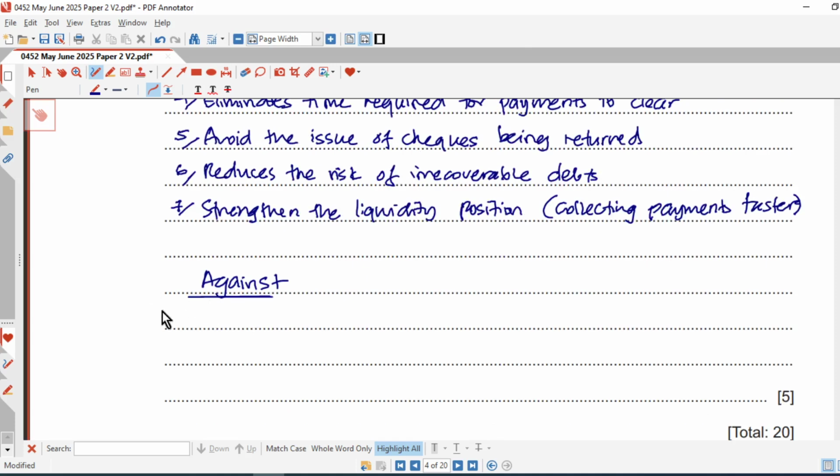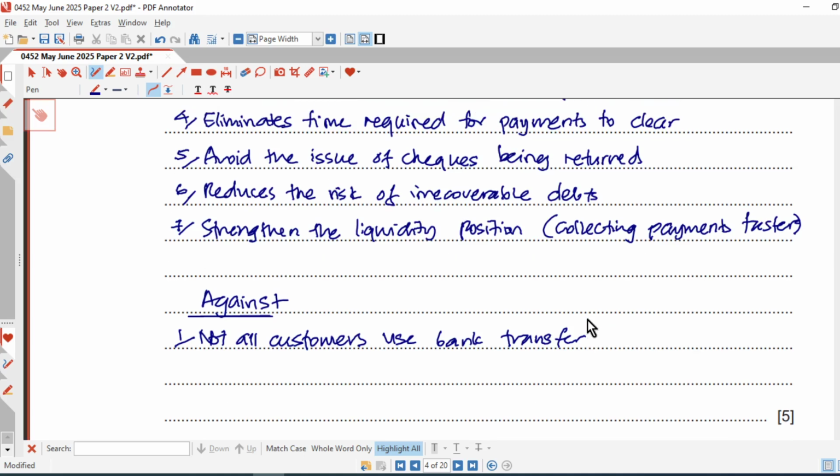So I'm going to start with the first one, which is something very logical. I'm going to say that not all customers use bank transfer. I know it's the modern era, but not everybody uses bank transfer.